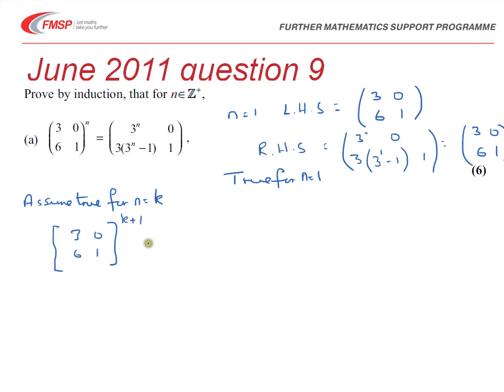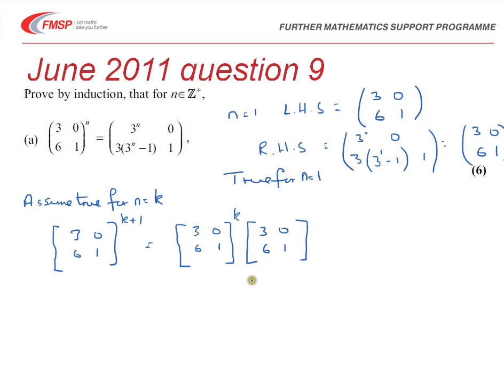Well, how do we do that? Well, we look at that being equal to the matrix for 3 to the power k, so it's 3, 0, 6, 1 to the power k multiplied by 3, 0, 6, 1, the matrix. So the 2 matrix multiplications, it doesn't matter which order you do this in actually, so there are 2 variations.